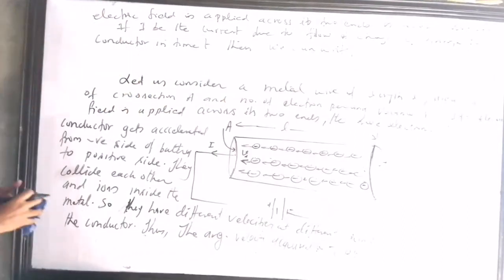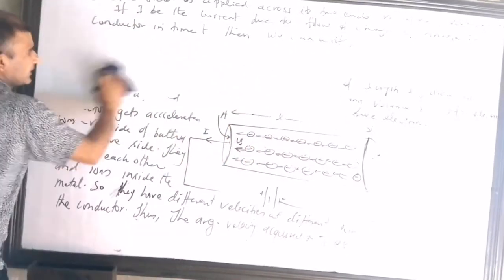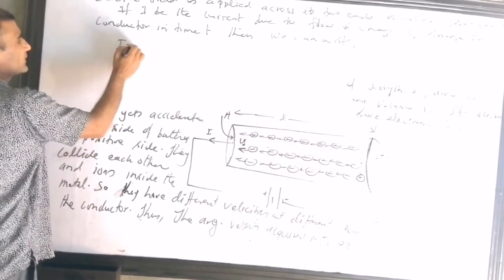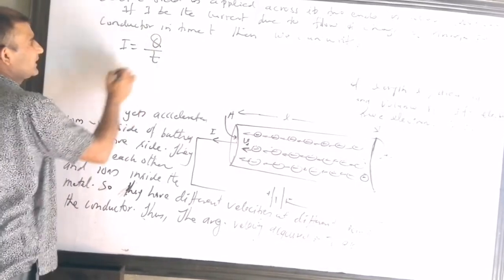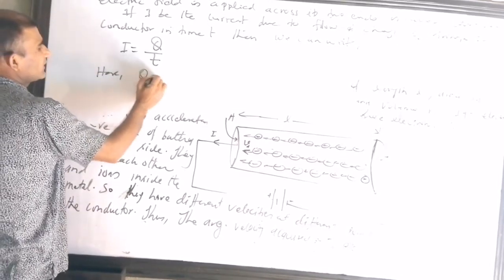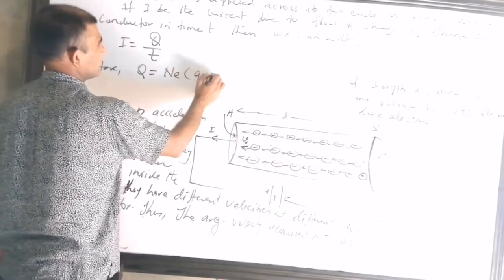You can just pause the video and copy it down. I am going to drop this because the video is becoming a little lengthy. We can write I equals charge upon t. Here, what is charge? Charge Q equals n e. This is called the quantization of charge.